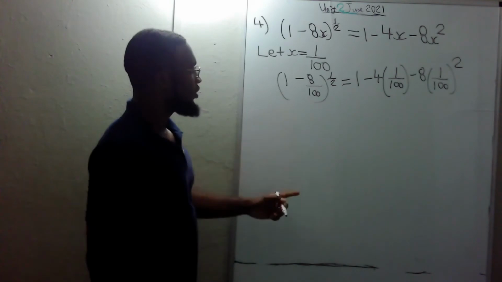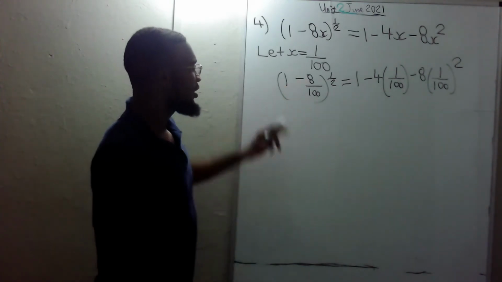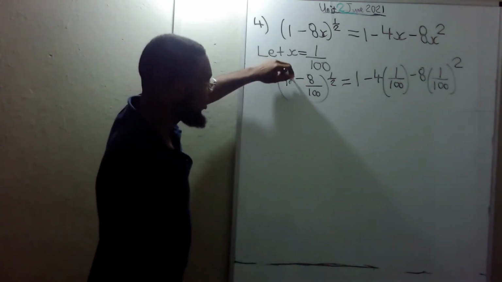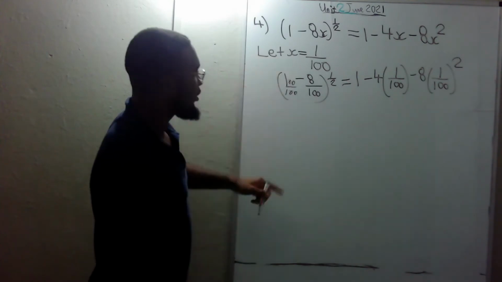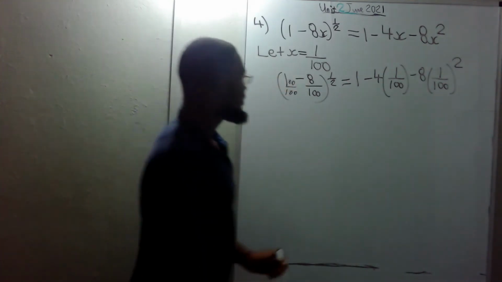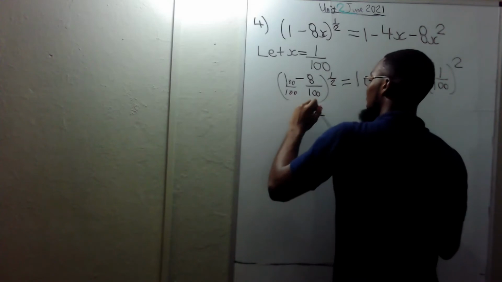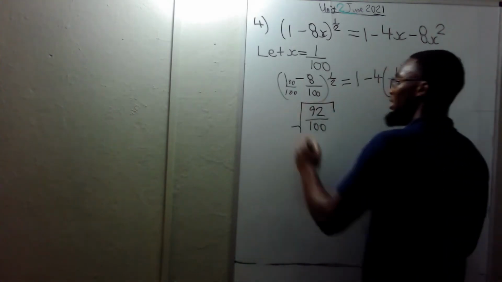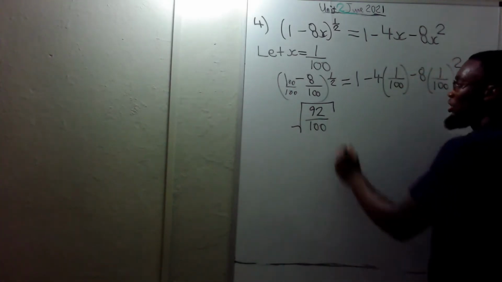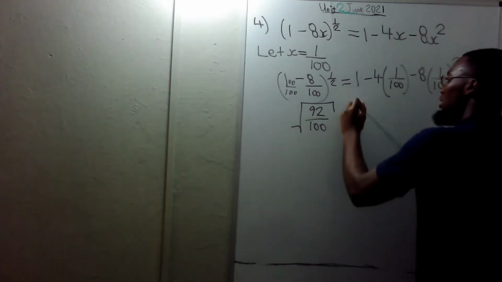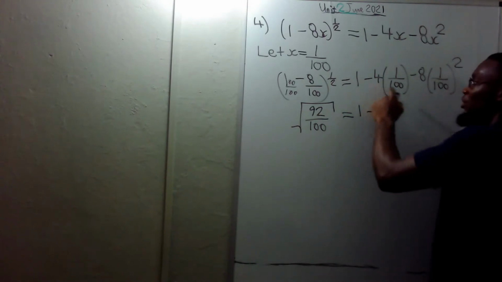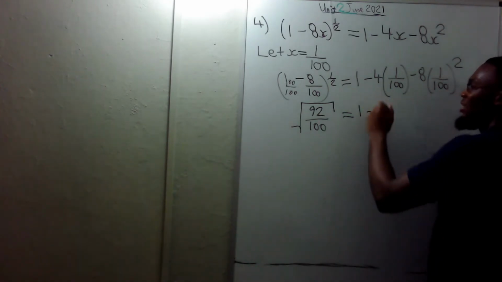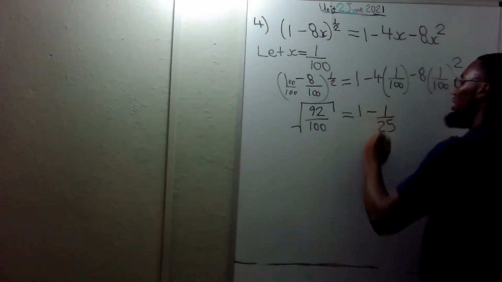Now 1 by itself is 100 over 100, so 100 minus 8 is 92. This is 92 over 100, raised to the half power, which is square rooted. So that's the square root of 92 over 100, equal to 1 minus 4 over 100, which is 1 over 25.